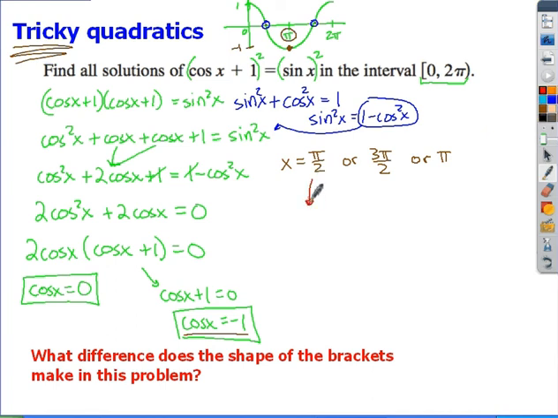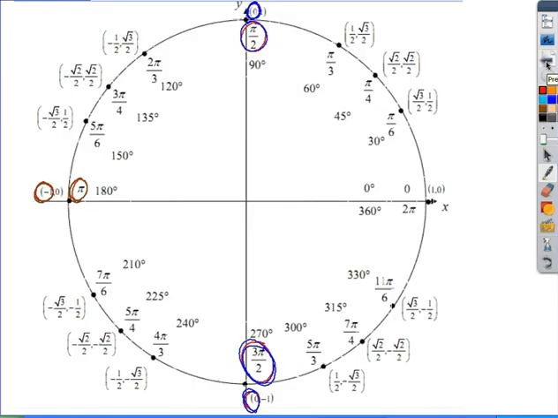So we have cosine pi on 2 plus 1 equals, question mark, sine pi on 2. Okay, so is that true or not true? Let's try. Cosine pi over 2, double check your unit circle. Cosine pi over 2 is 0.